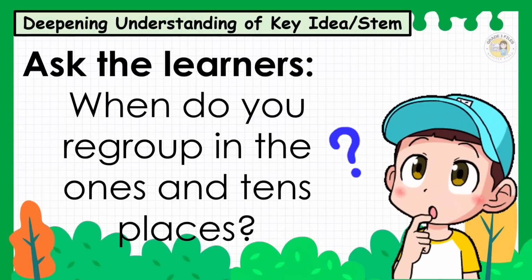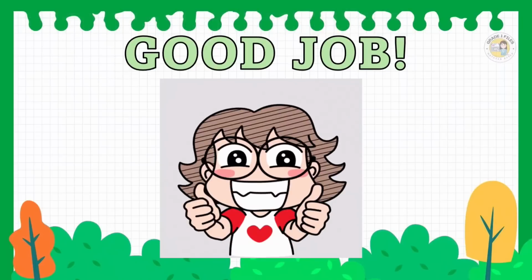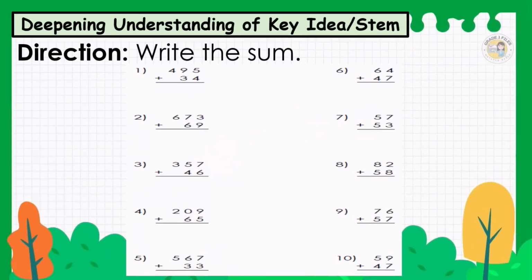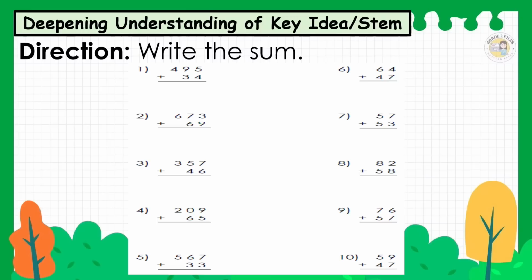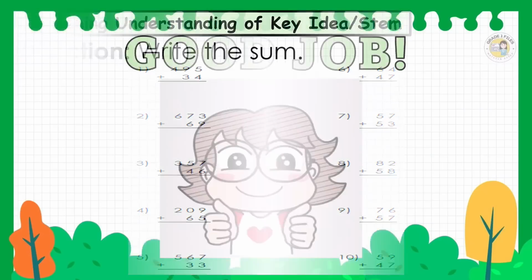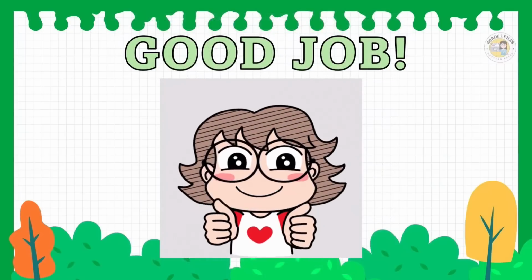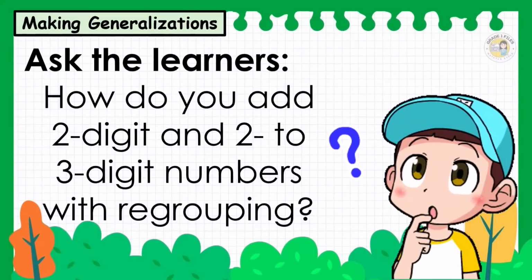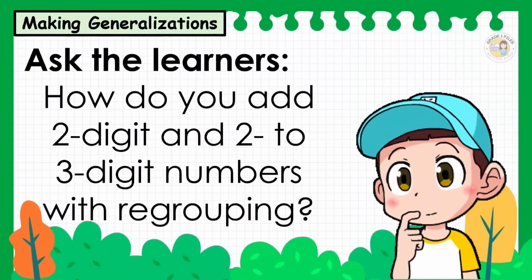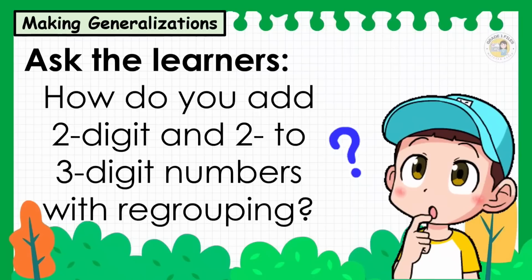When do you regroup in the ones and tens places? How do you add 2-digit and 2 to 3-digit numbers with regrouping?